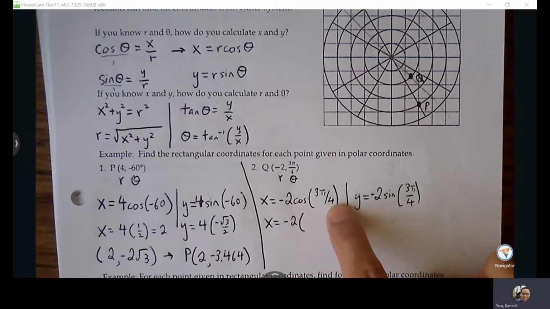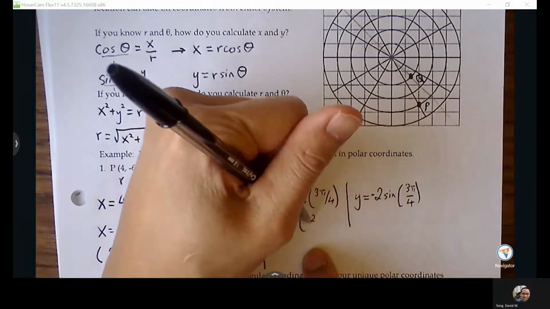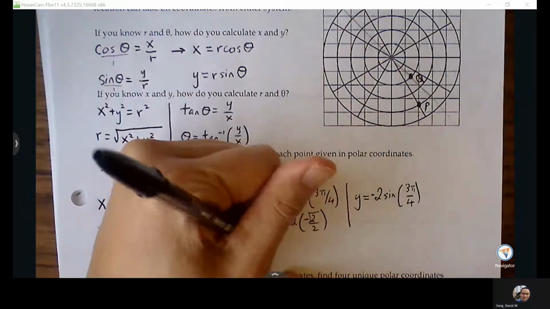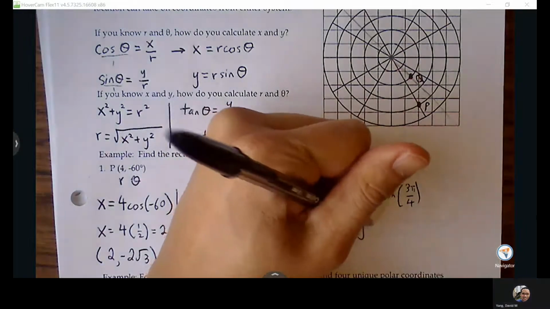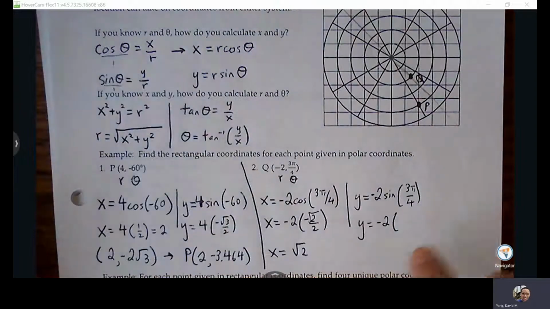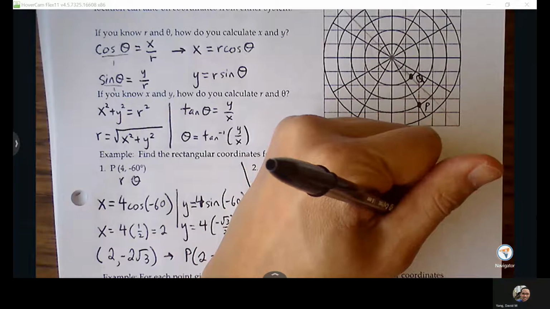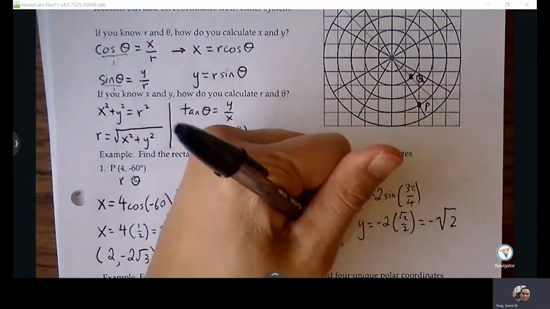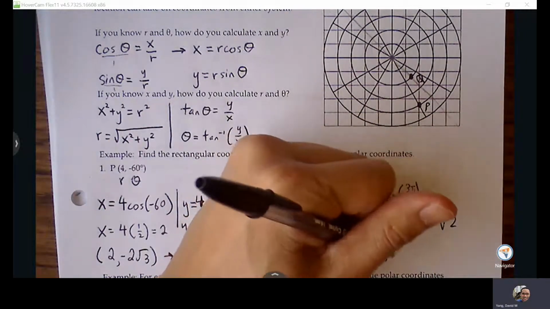We know that anything in the power of 4 family is going to be a √2/2 for cosine. Sine is going to be positive in the second quadrant. Okay, so ordered pair is root 2, negative root 2.